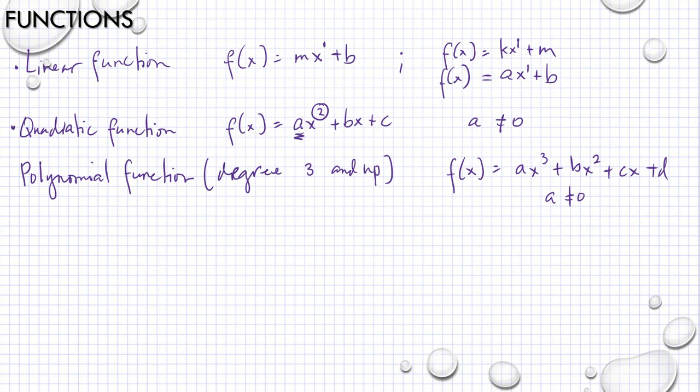So if we have degree 3, then a must be at least 1 but not 0. And you know already degree 4, we have ax raised to 4, and so on. In general, we have f of x is equal to ax raised to n, where n is a constant.